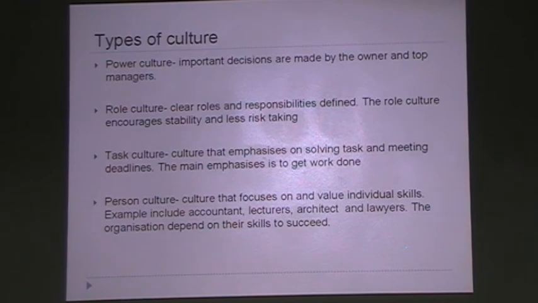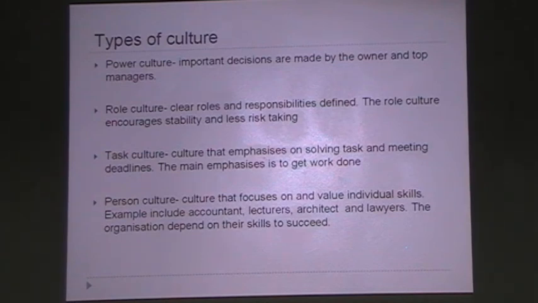We move on by looking at the types of culture. We have the power culture, the role culture, the task culture, and the person culture. In different businesses or organizations, it is possible to find one or two of these types of culture in place.